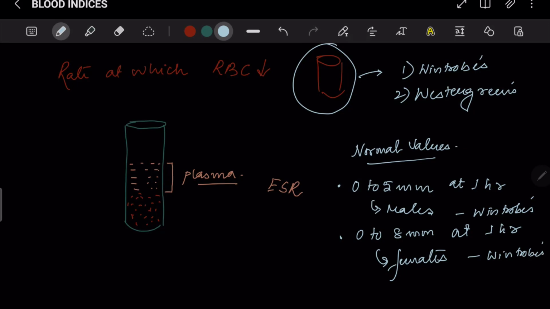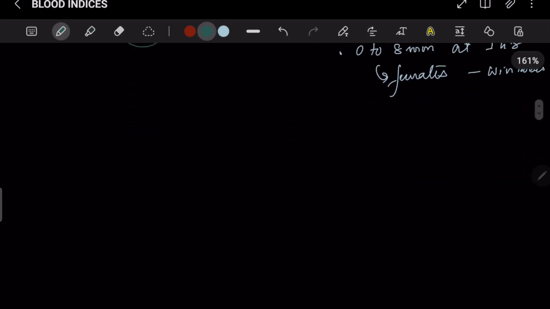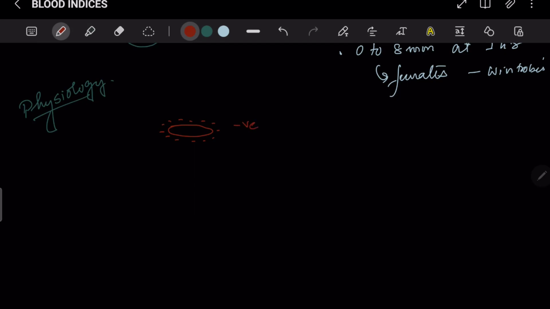Now that we know the normal values, let us study the physiology behind the ESR. Basically, our RBC has some negative charges around it. As a result, a negative potential is created around it, which is known as the zeta potential. Because of the presence of this potential, the RBCs repel each other and do not clump together.